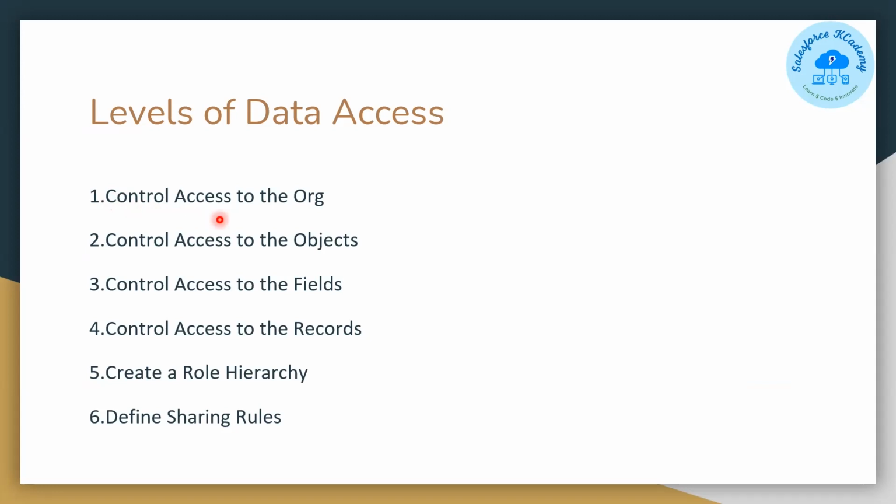At the first level, you are controlling the access to the org itself. Whenever I create you as a user, only then can you access the org. So that is the first level. Before coming to objects, fields, records, at first level you need to access the org. So if I'm restricting there, that comes under controlling access to the org.